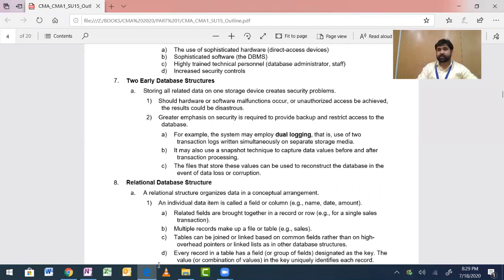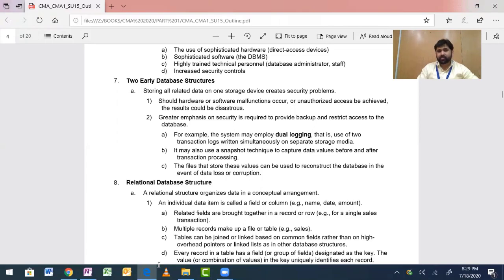In this system, I don't know what the early database structure is. Greater emphasis on security is required to provide backup and restrict access. For example, the system may employ dual logging, that is, the use of two transaction logs written simultaneously on separate storage media. It may also use a snapshot technique to capture data values before and after the transaction processing.